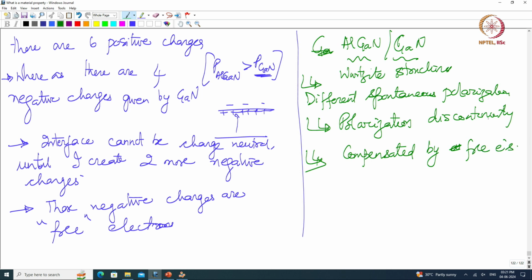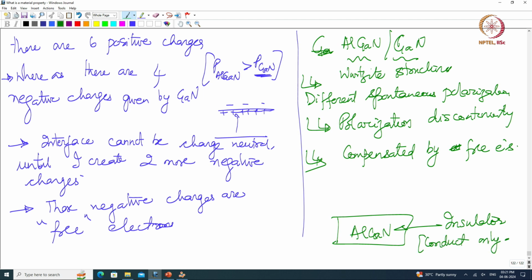So, what do I have here? I have aluminum gallium nitride, which is a very nice insulator, right. This can conduct only, let us say, at the core of the sun. Then I have gallium nitride, which is known to be a wide band gap semiconductor.